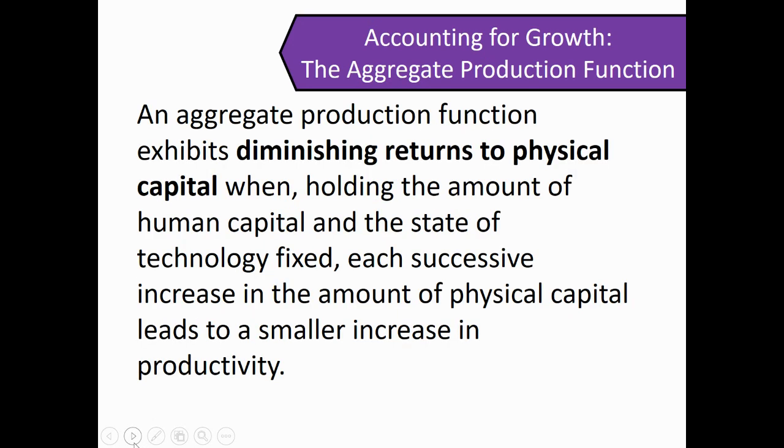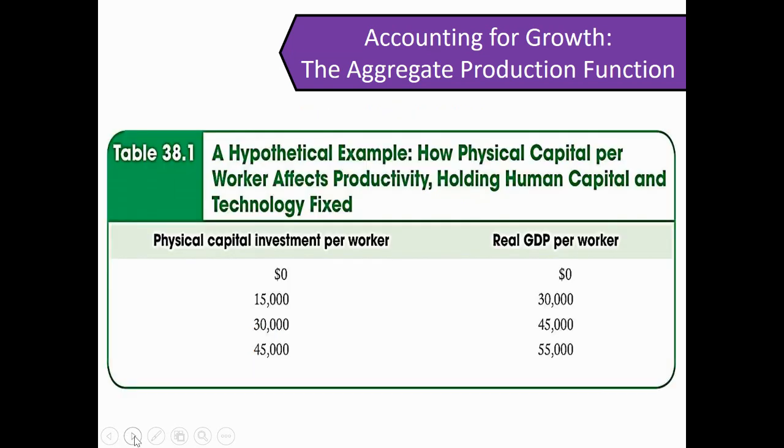So we know this aggregate production function, right? And the production function we know has diminishing returns to physical capital. Holding the amount of human capital and the technology fixed, we've seen certain amounts of increase because of physical capital. But once again, it's the law of diminishing marginal returns.